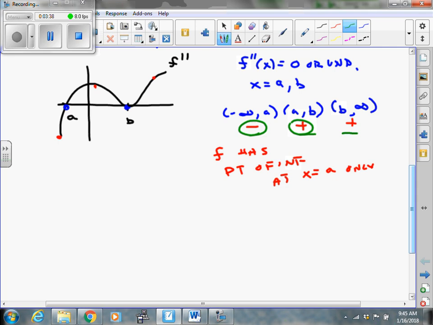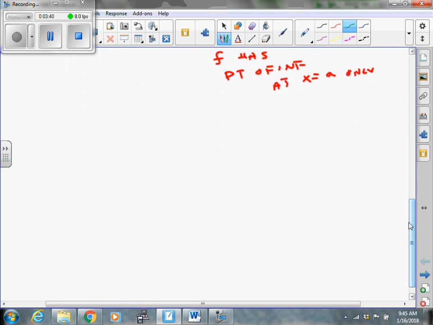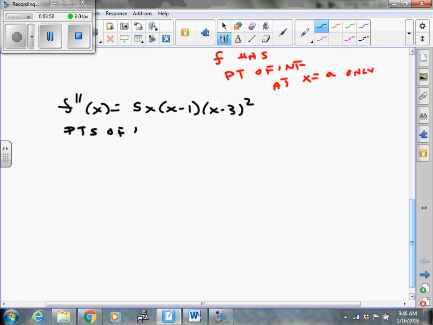Okay, so looking at a function's double derivative, something like 5x(x minus 1)(x minus 3) squared, again I want to ask you the question: points of inflection for f.